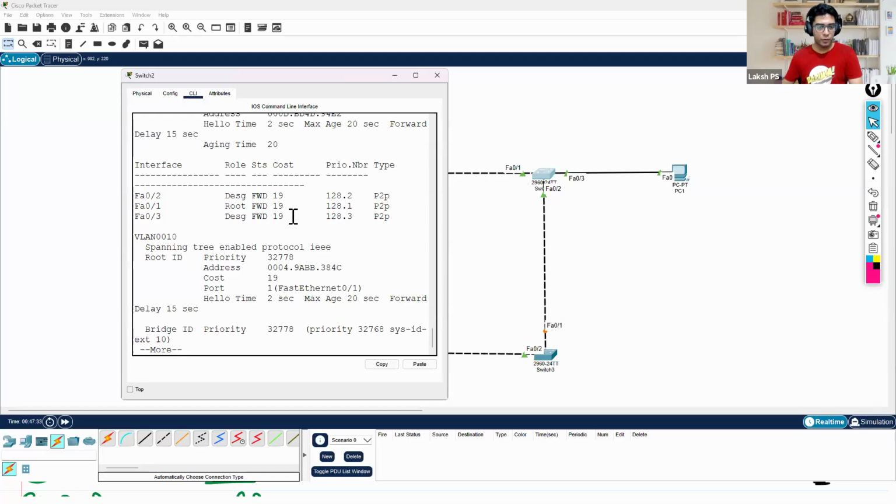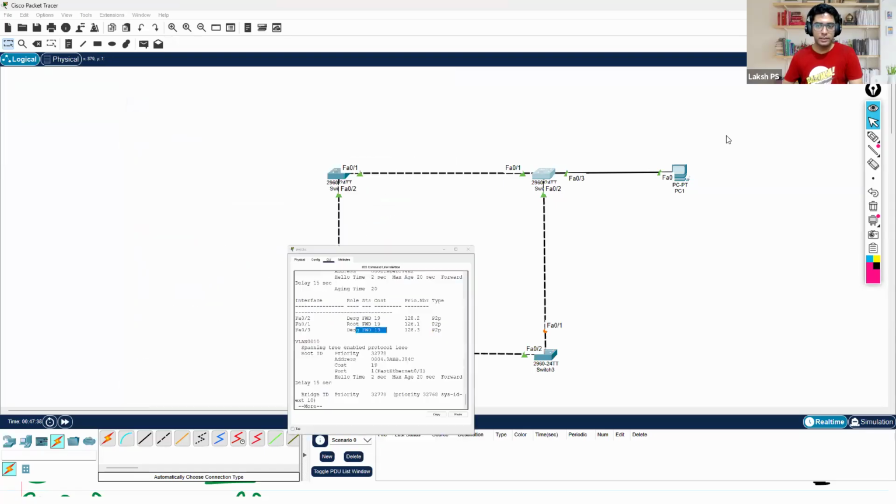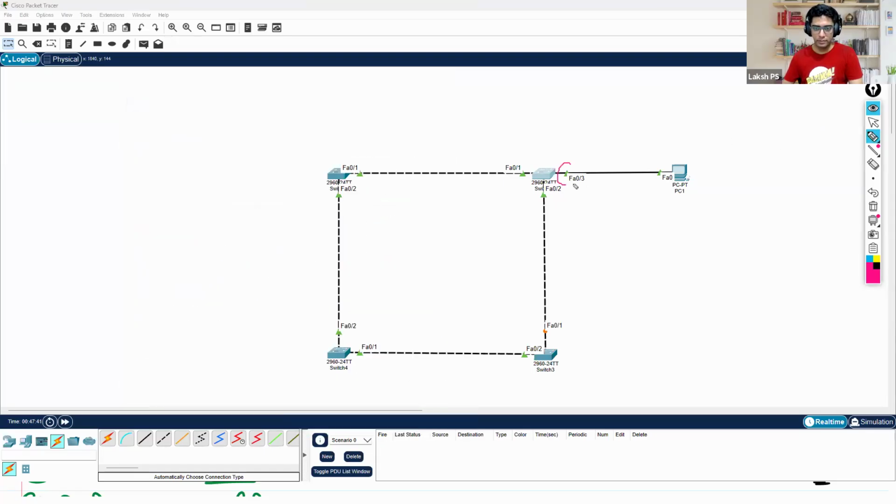Now it has moved into the forwarding state. So you can clearly see this interface took 30 seconds to move into the forwarding state. So when it moves into the forwarding state, then only the data can be sent and received on that interface.